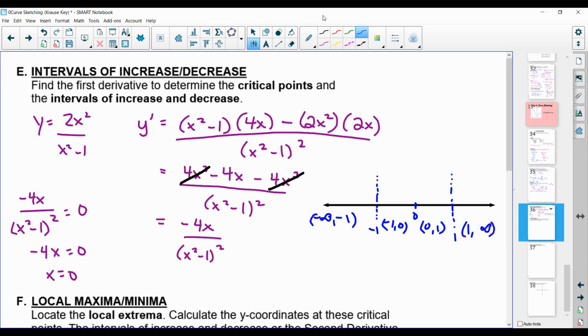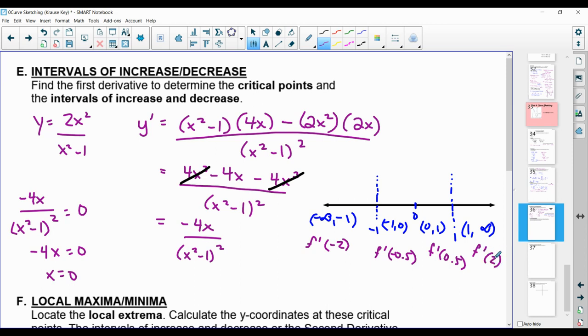Now, when we're trying to figure out what's happening here, we're going to have to use some test points in the derivative. So I'm going to use a test point of negative 2, a test point of negative 0.5, a test point of 0.5, and a test point of 2.